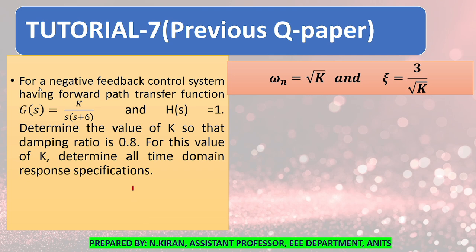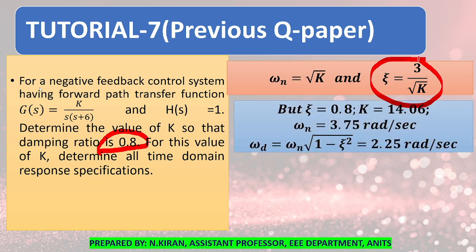But my zeta value is already known. In the sum it has already been mentioned that the damping ratio is 0.8. So upon substitution of the value of zeta will give me the value of k, which is 14.06.